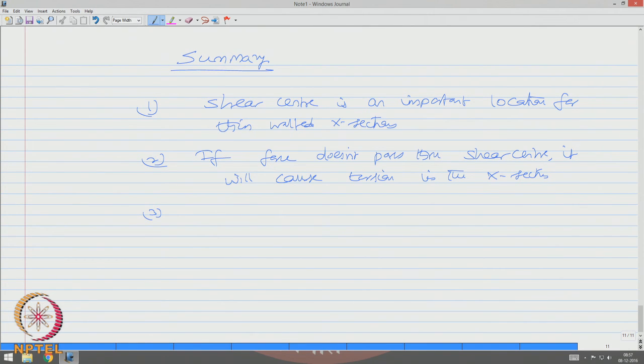and shear center is the intersection of loading plane with the bending axis.